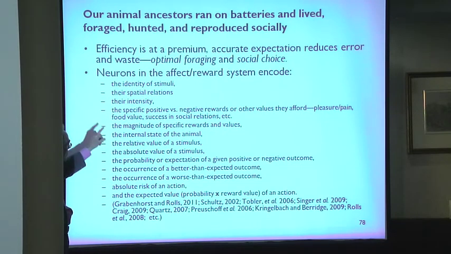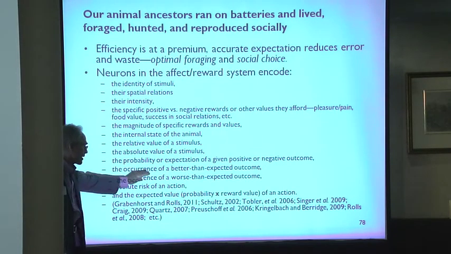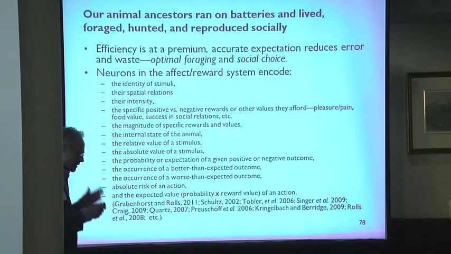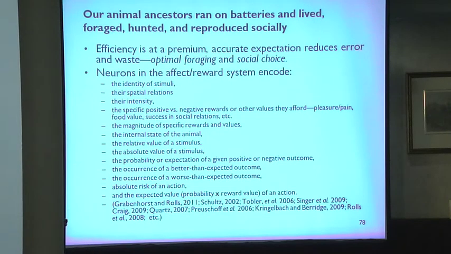Is it a need value or is it a hunger-driven value, for example? Probability or expectation of a positive or negative outcome, occurrence of a better or a worse than expected outcome, the absolute risk of an action, and there are circuits that compute the expected values of actions. You can observe these circuits at work, and if you can read out the expected value of action from them, you get a good prediction of the animal's choice behavior.